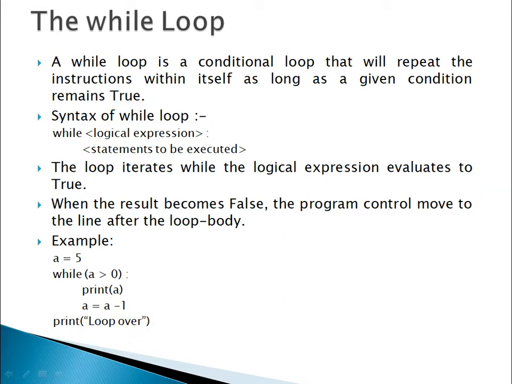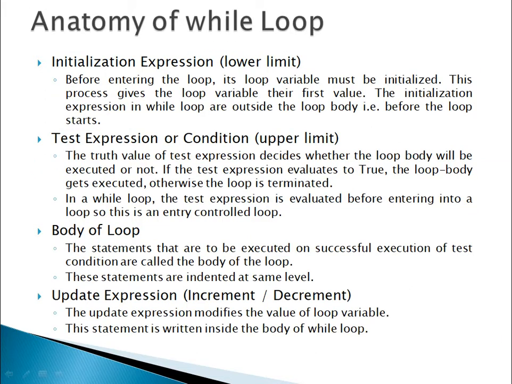So in each loop you have 4 things: initial value, final value, modification of values either positive or negative, and the body to be executed. So while looking at the while loop, you find that the anatomy of while loop is you have an initialization expression, that is called lower limit, and you have it before entering the loop.